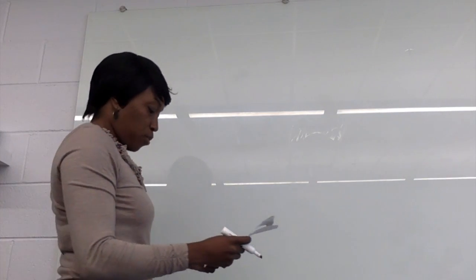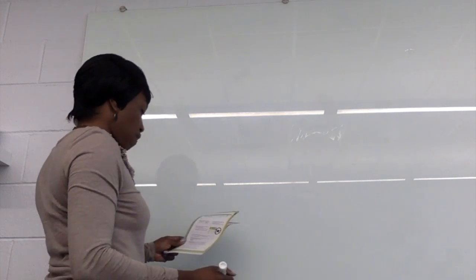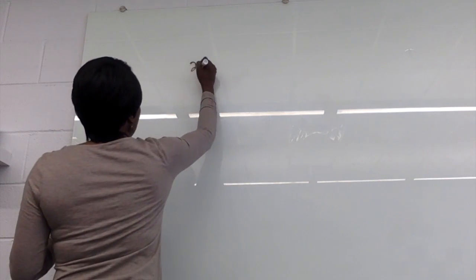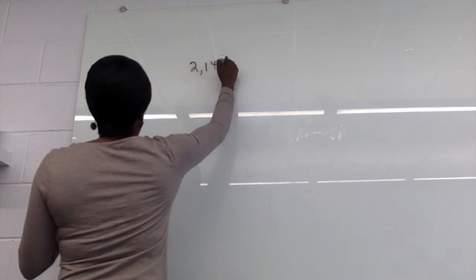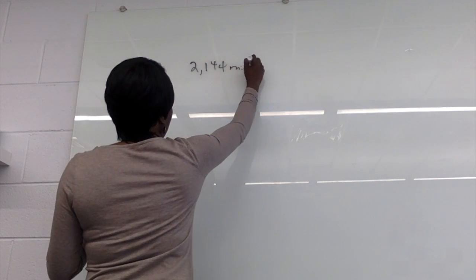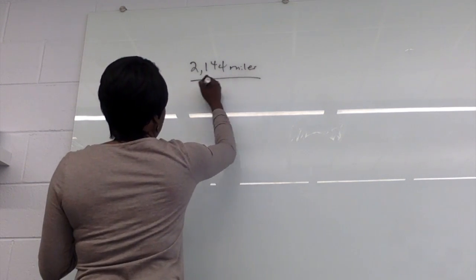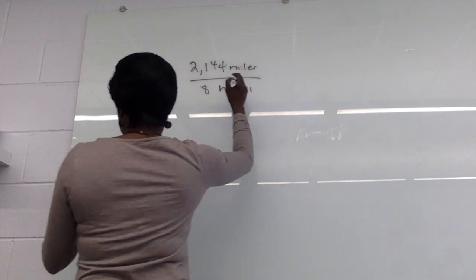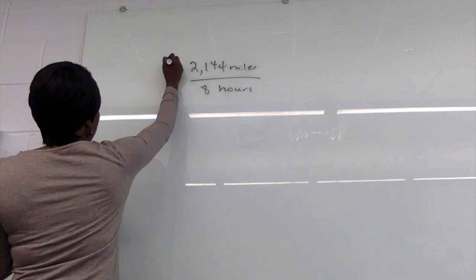Okay, let's look at number 9. It says the Shanghai Maglev train is one of the fastest trains in the world, traveling about 2,144 miles in 8 hours. Okay, so this is number 9.